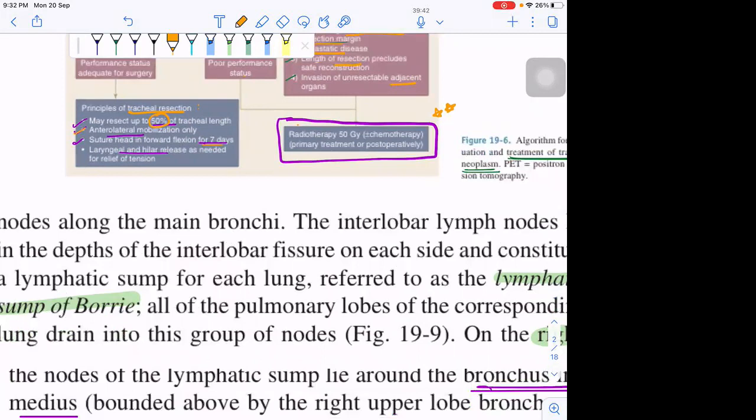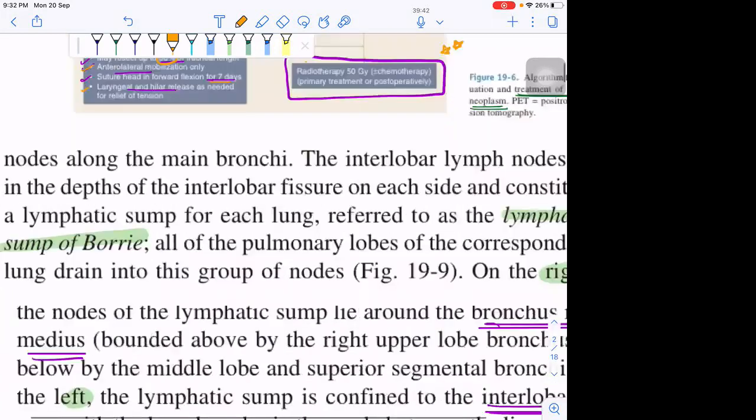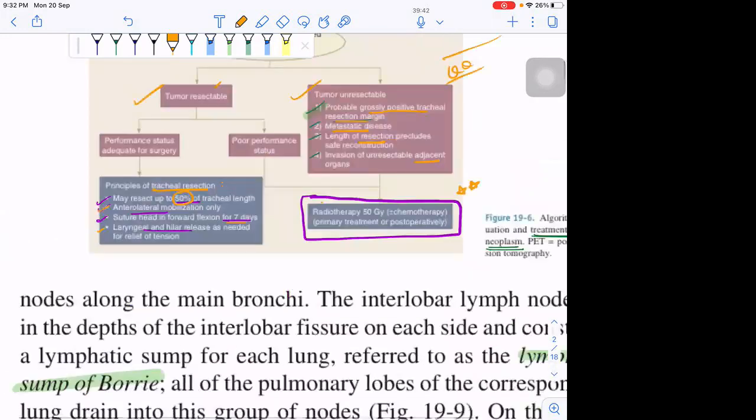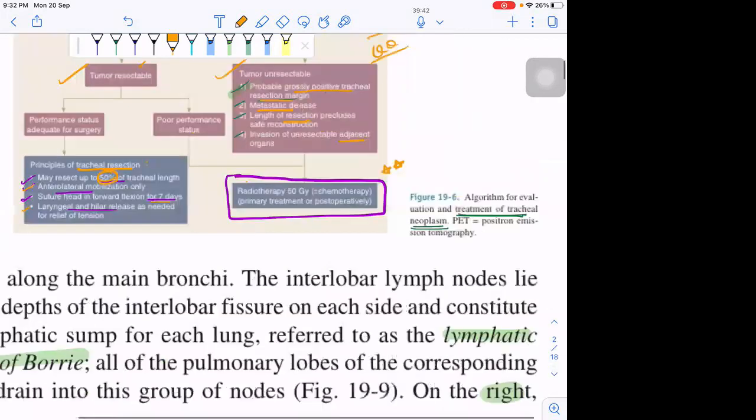Laryngeal and hilar release may be done as needed for relief of tension. So this is the protocol: unresectable, radiotherapy; resectable, tracheal resection up to 50%. That is your MCQ.